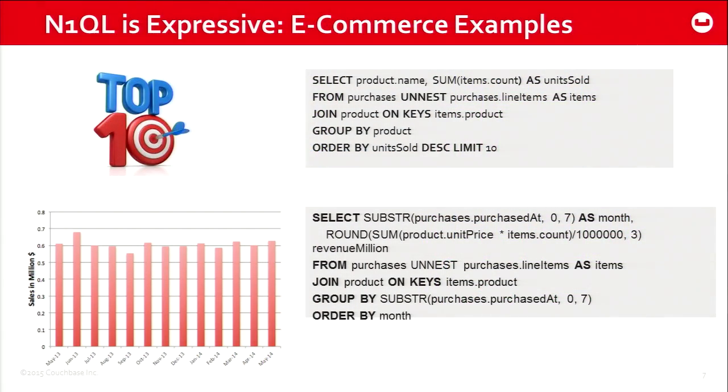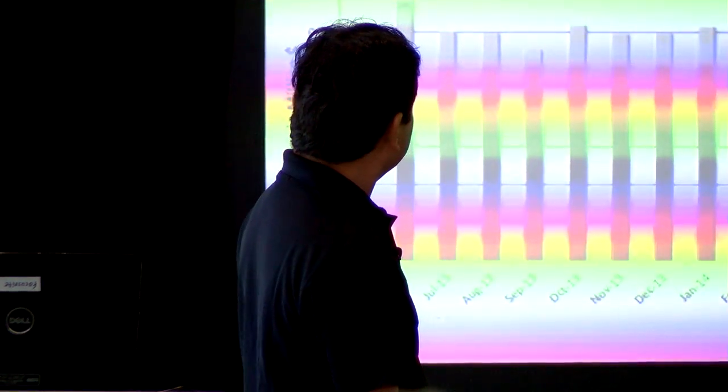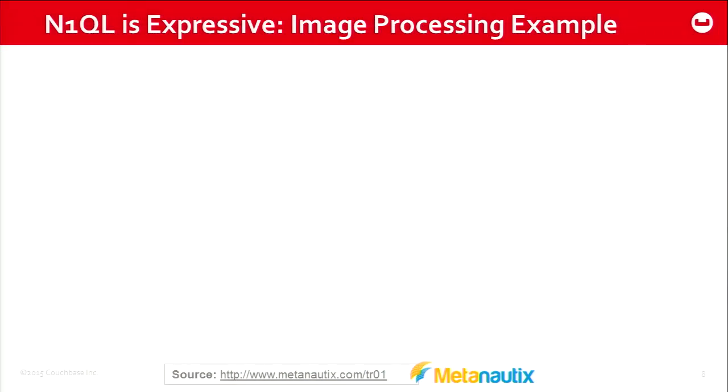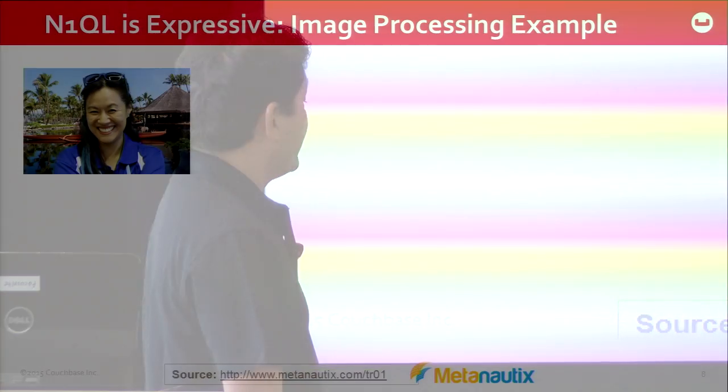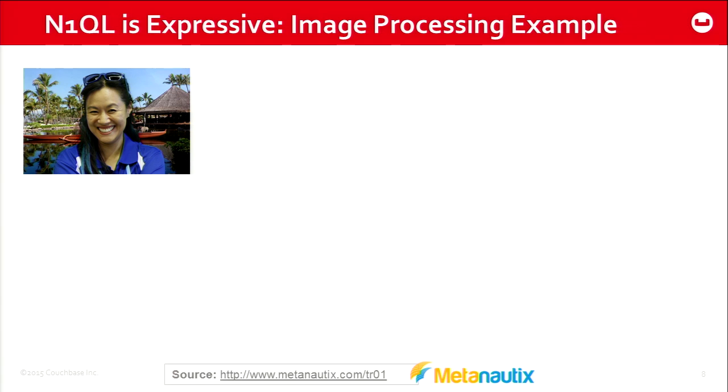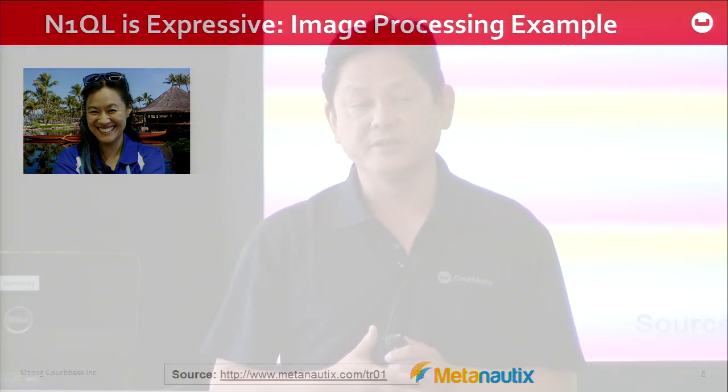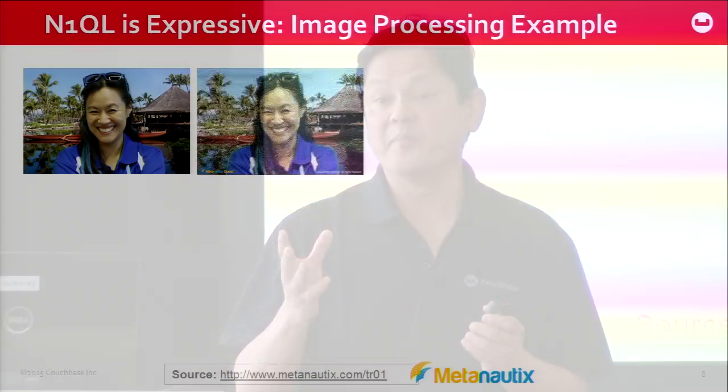Let me give you another example that people typically don't associate with SQL, just to show you the expressiveness of SQL and the range of applications that can be built using SQL. This is an example from a partner, Multidimensional. It's a startup co-founded by 2 veterans from Facebook and Google who work on their big data project. They have a sample that shows how to generate a mosaic picture from, for example, your favorite picture from a vacation.